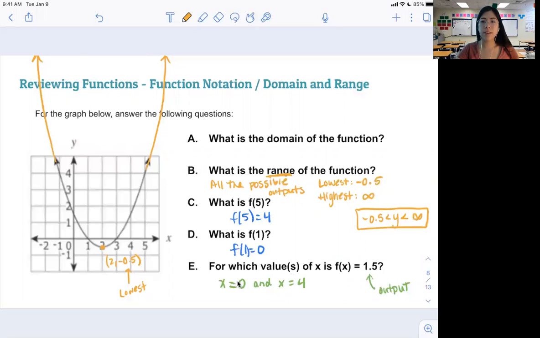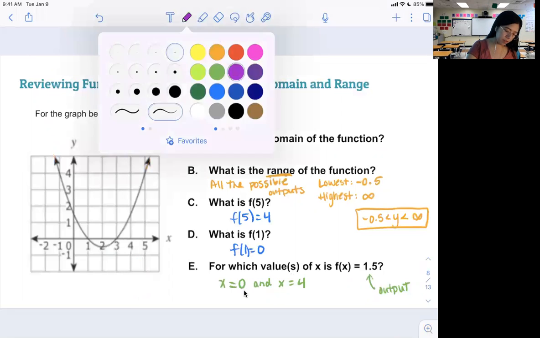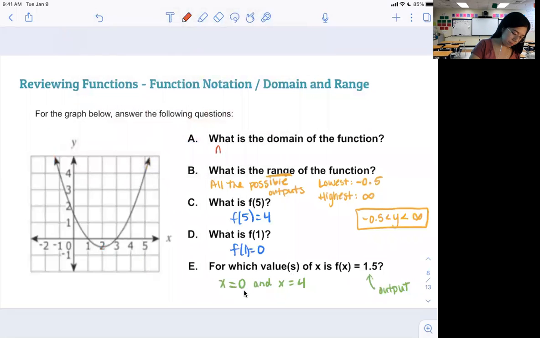All right. Now, domain, similar. All the possible input values. Okay, so now I'm looking at the x values. What is the lowest possible x value?